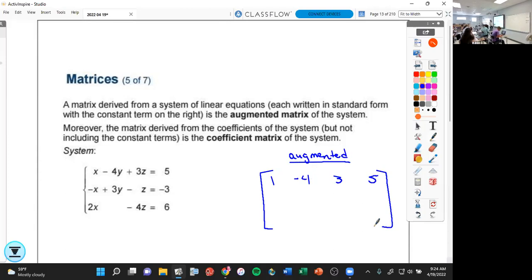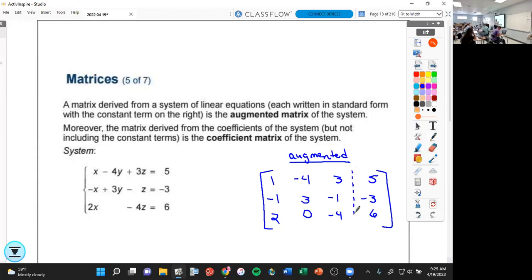My second row would be, you tell me, -1, 3, -1, -3, and the third row, 2, 0, -4, and 6.